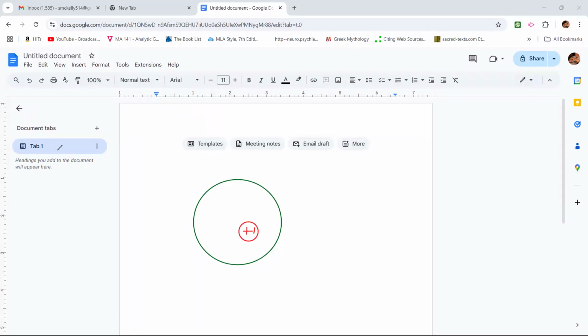Here, let me make another circle, and let me make it in yellow so that matches. Here's my electron over here, okay?